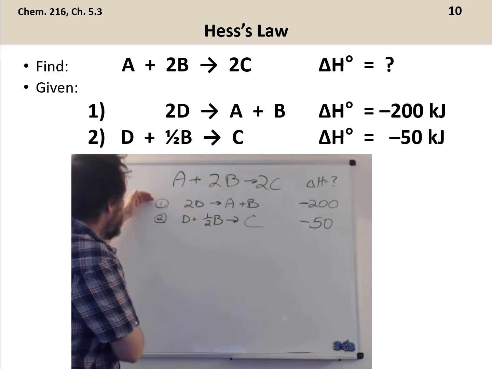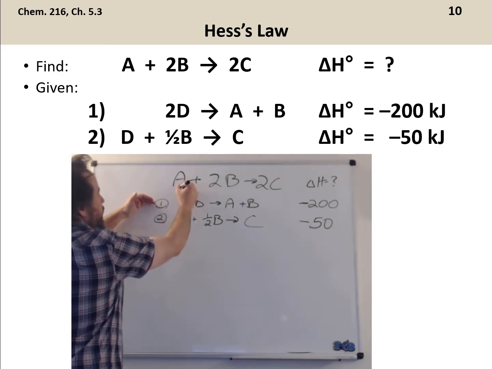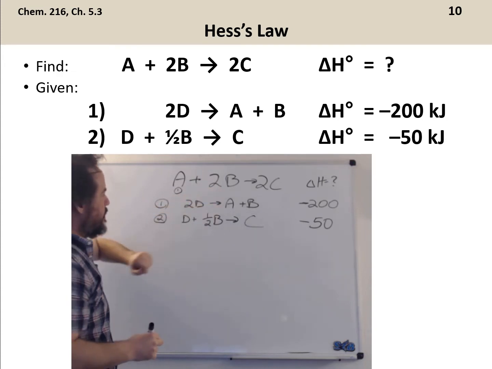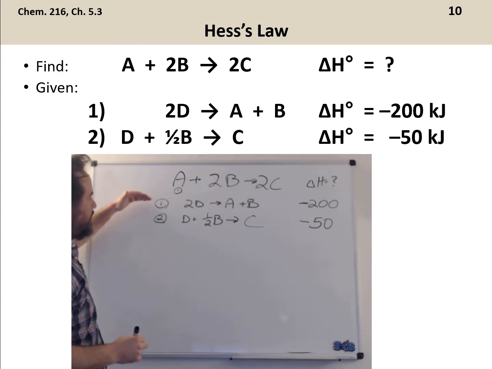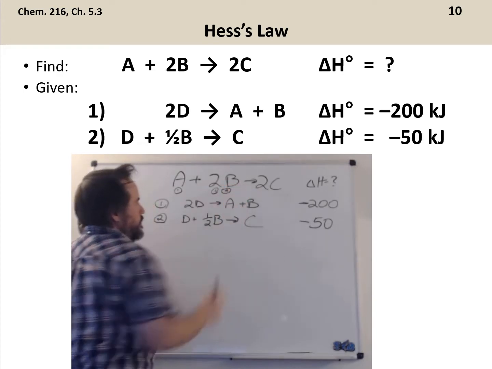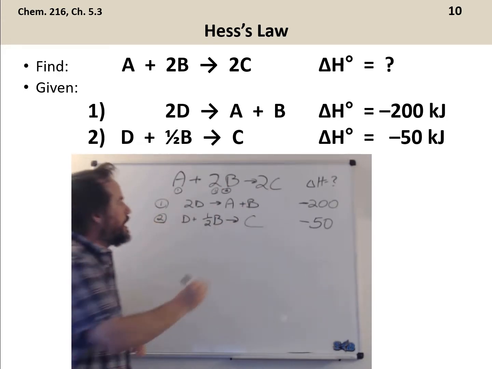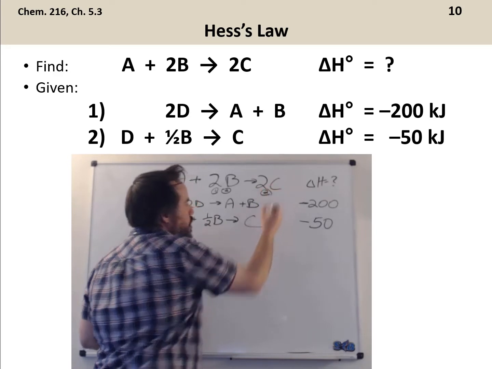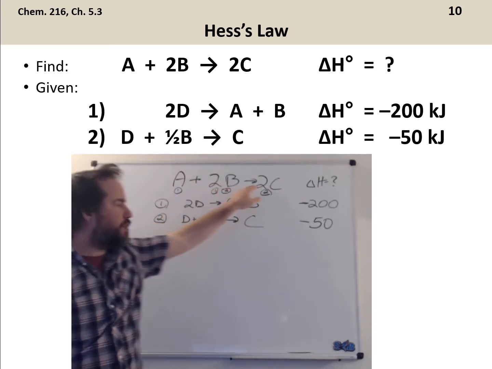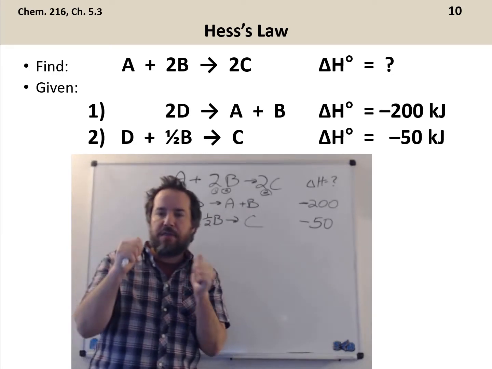Well, number 1 has A in it. But if I look at B, B is in 1 or 2. And then C is only in 2. So what that means is A or C, those are going to be the things I start with.